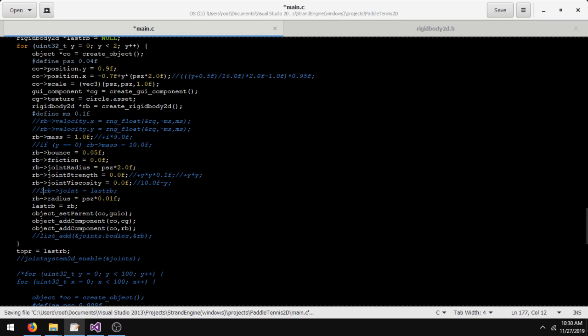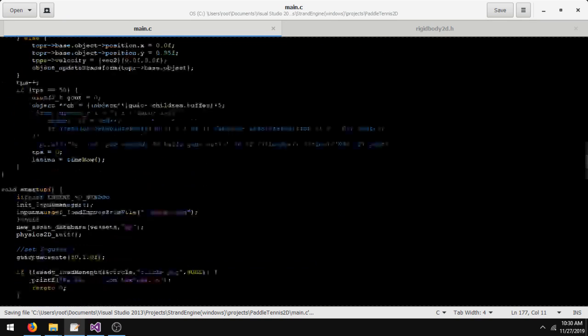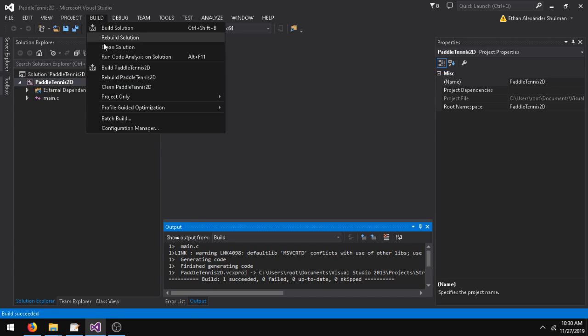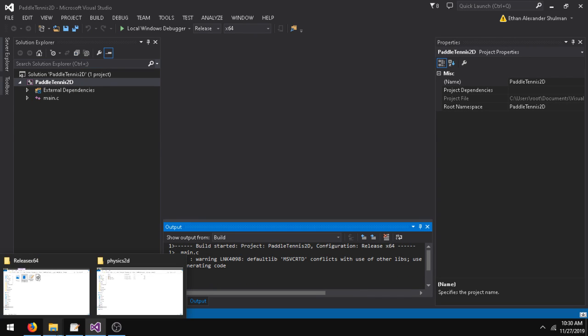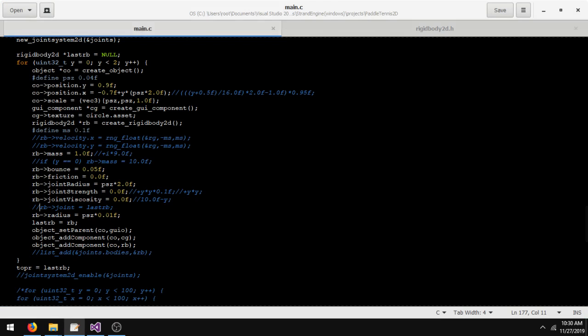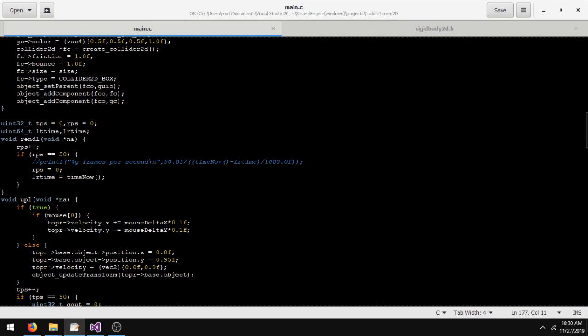Let me disable the joint. Is that just a bug? Oh my god. Let me disable all of this.